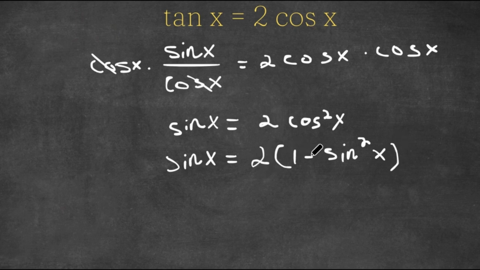Now if I distribute the 2, I get 2 times 1 is 2, minus 2 times sine squared x is 2 sine squared x. This is equal to sine x.